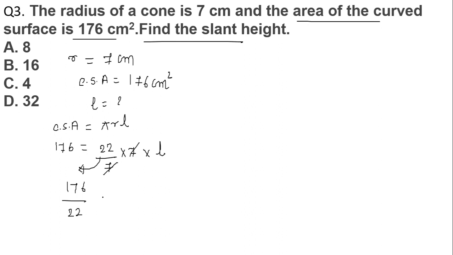So 176 divided by 22 is equal to the length. So length is equal to 8 centimeter. Got it? So here the value of the slant height of the cone is equal to 8 centimeter. Again, based upon the simple formula. Moving on to the next question.